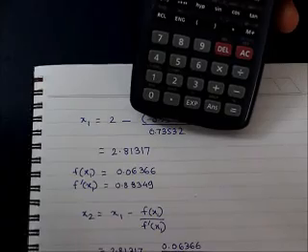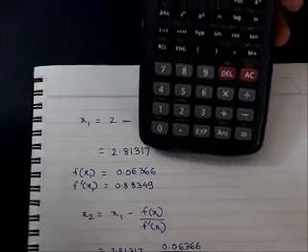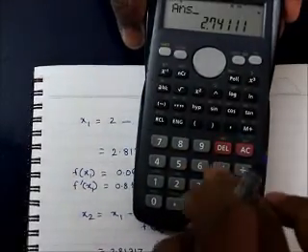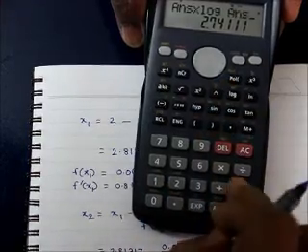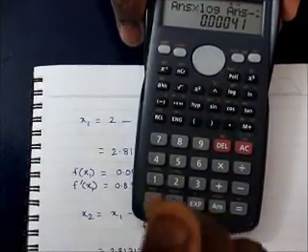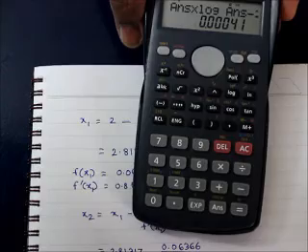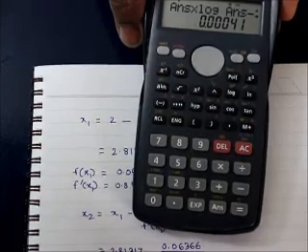Okay, f(x2) is answer into log to the base 10 of answer minus 1.2, which is 0.00041.